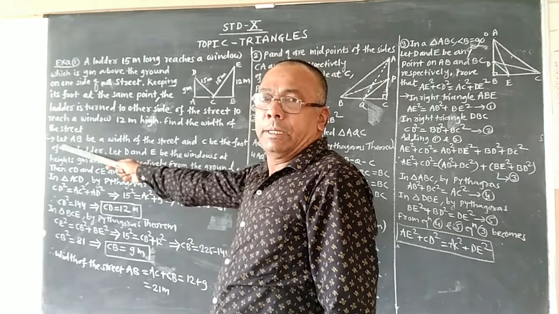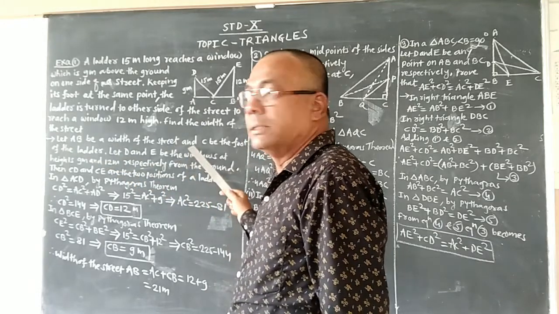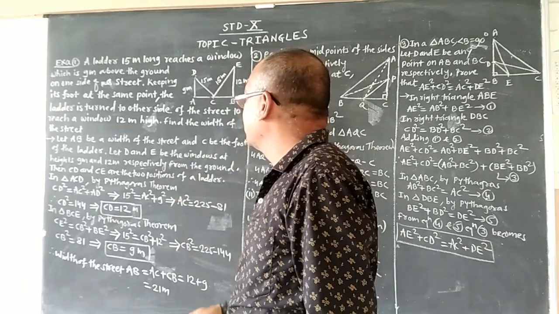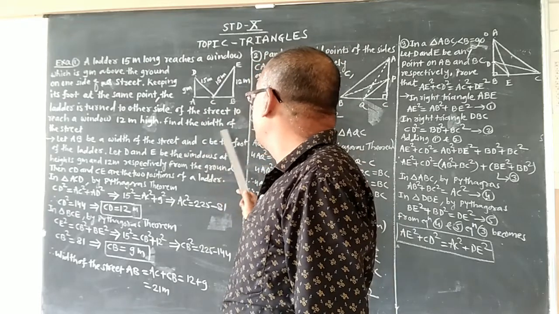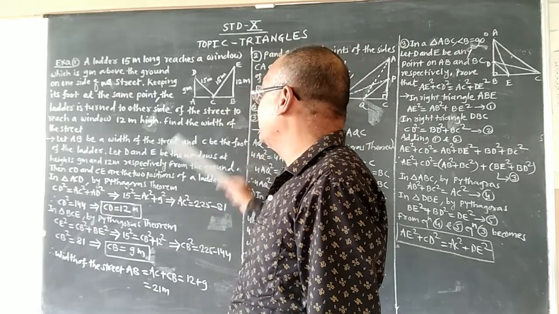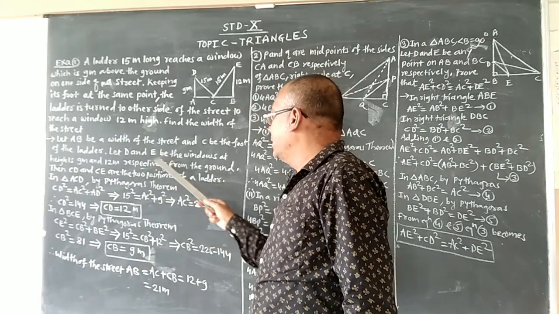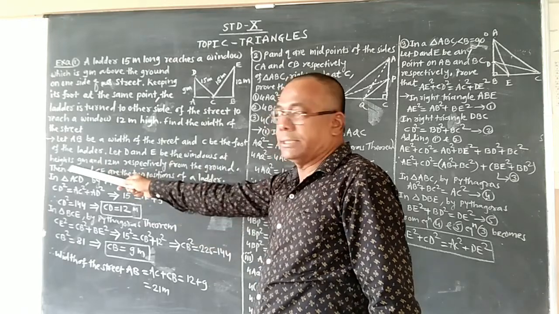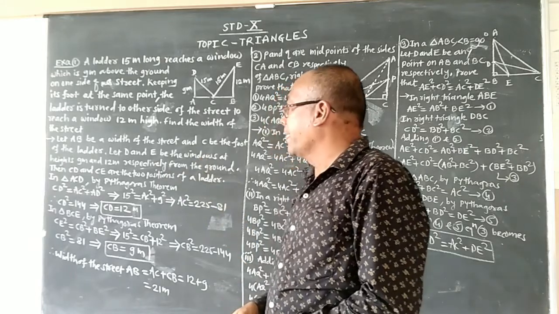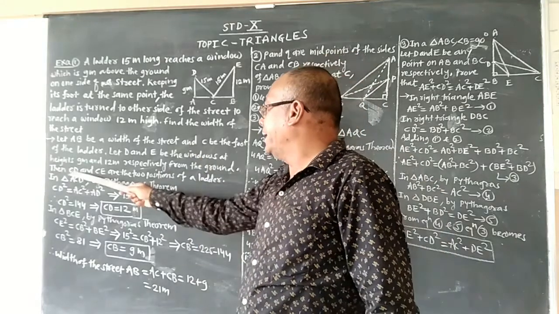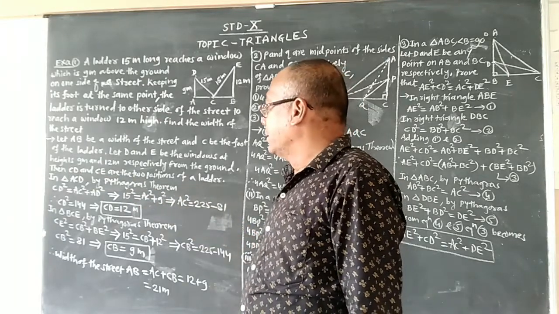To solve this example, let AB be the width of the street and C be the foot of the ladder, and D as well as E be the windows at heights 9 meters and 12 meters respectively from the ground. Then CD and CE are the two positions of the ladder.